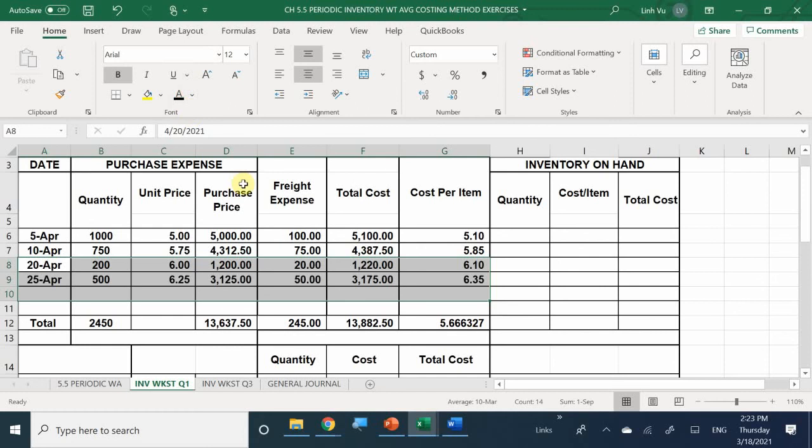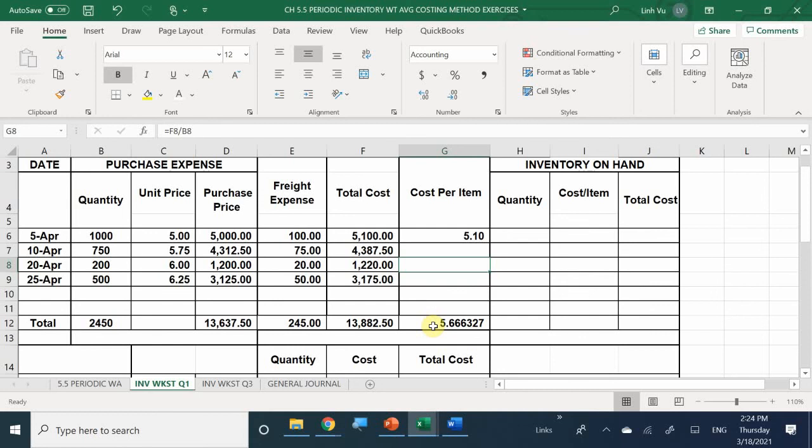It's the only batch of inventory that we have. So that's our first starting point. But because our scenario kept going on, then we don't need these averages anymore, because it doesn't matter what they are. At that point, I'm going to recalculate my average cost per item at the end of the day, because I have a new quantity and I have a new total cost.